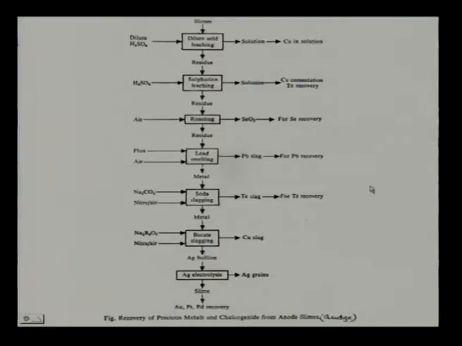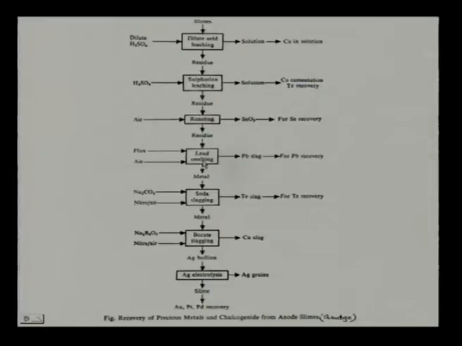In the solution, there will be copper, and copper cementation can give you tellurium, meaning by adding copper you can get tellurium. The residue, by roasting, will give selenium oxide, which will go for selenium recovery.